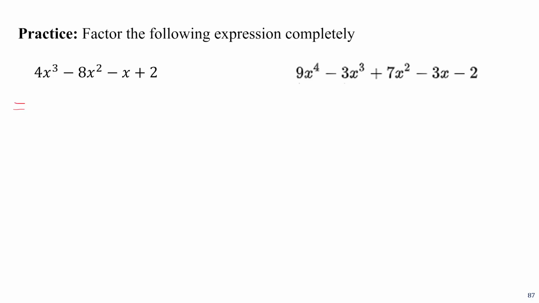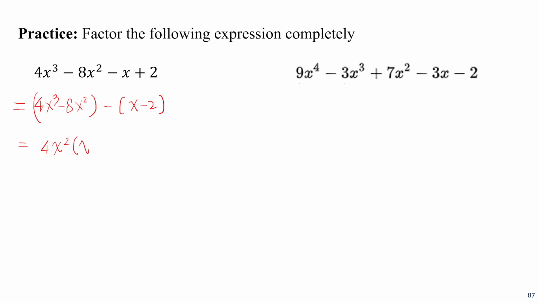So we can just group them like this. First two terms grouped together, and then the last two terms are grouped together. So in this way we can put 4x squared in front.